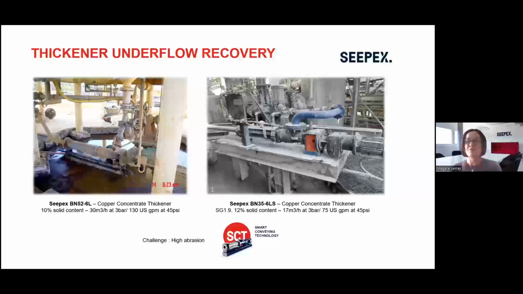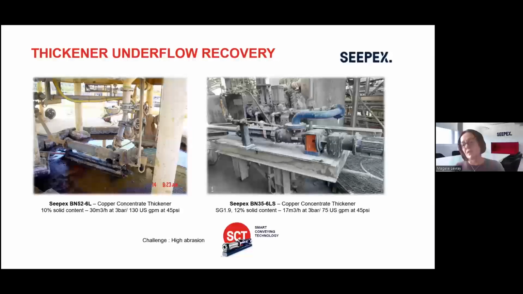Here we see a few more examples where we are dealing with very abrasive fluid. We are here on thickener underflow from the concentrate. So here are a few examples with copper. Very abrasive fluid. Here we see we can have a SEEPEX pump directly under the thickener. You see on the picture on the right-hand side, this is a SEEPEX pump with the SCT technology.